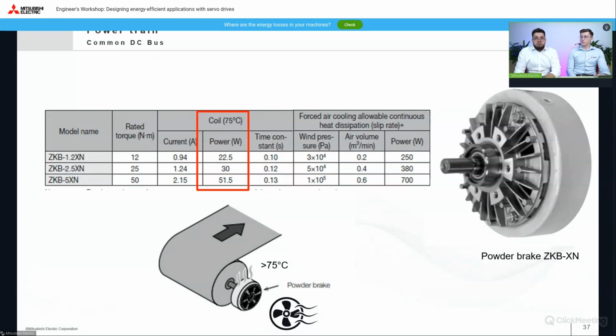So a standalone and naturally cooled powder brake from our catalog, for example, ZKB5XN, will need around 52 watts of power, but the version with fan will need more than 13 times more energy.